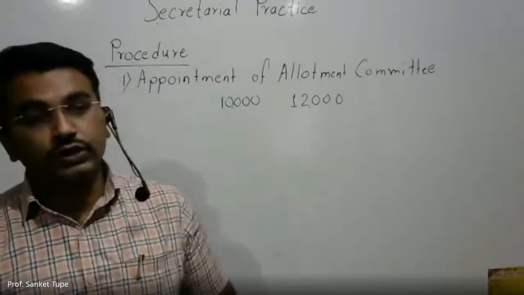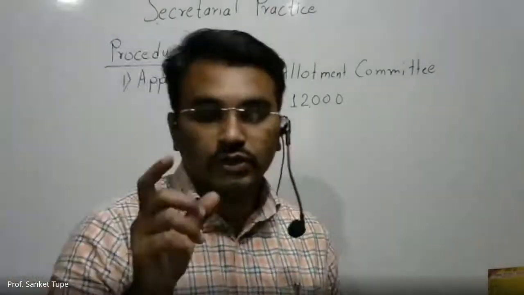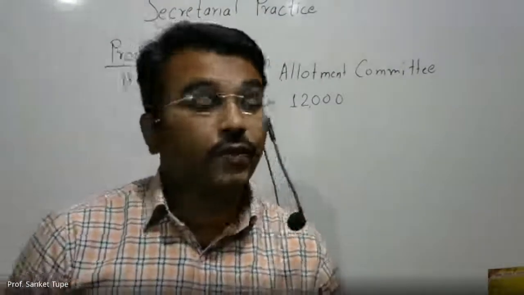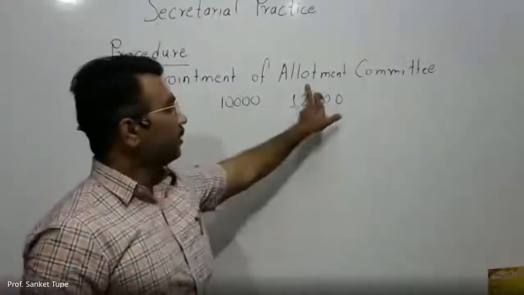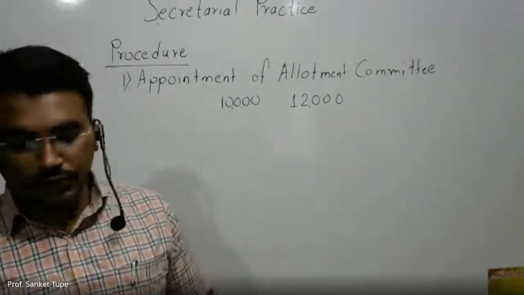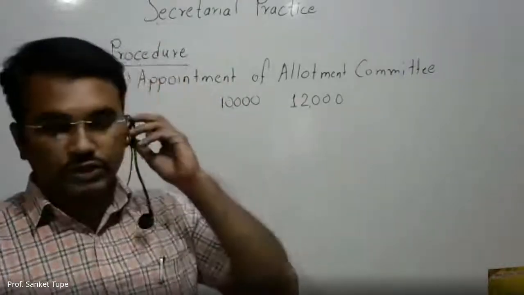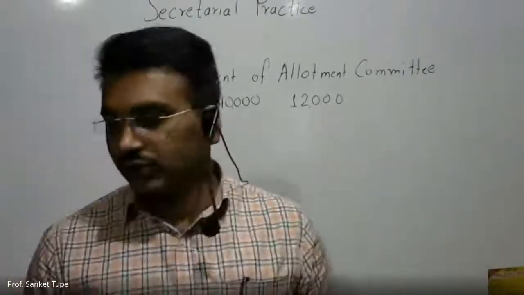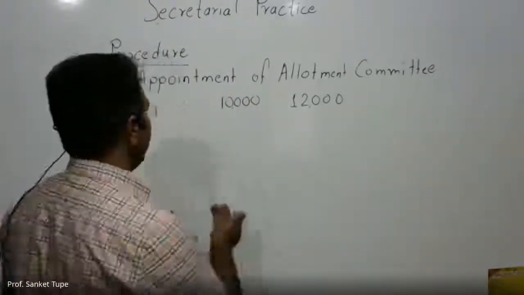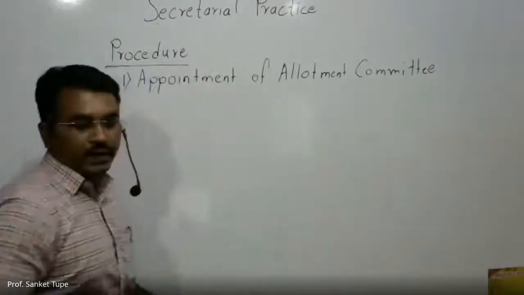In this case only, the policy of allotment must be decided. For that purpose, the allotment committee is prepared, the committee who will take responsibility for allotting these shares to the shareholders. So in the oversubscription case, the allotment committee is mandatory.